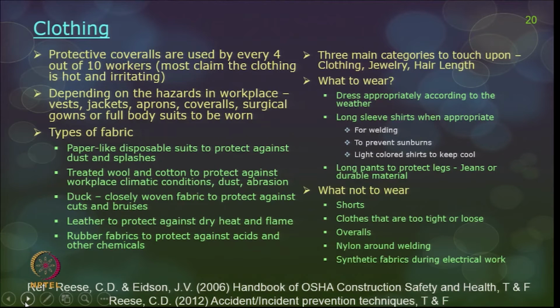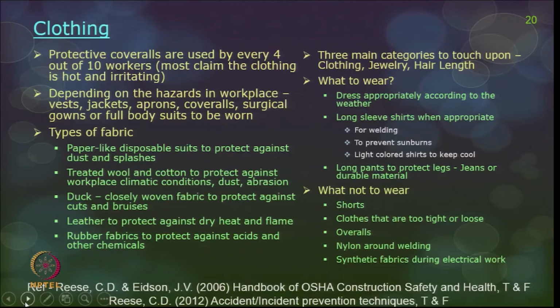Duck is nothing but a closely woven fabric which is primarily used to protect against cuts and bruises. Leather material is used to protect against dry heat and flame. Rubber primarily for acids and chemicals, okay. So, your choice of fabric and the type of fabric, as you have seen earlier, you have to mix and match and then choose the right clothing for the hazard.